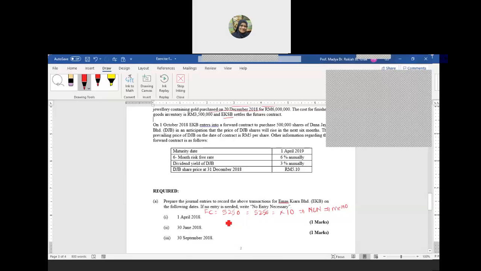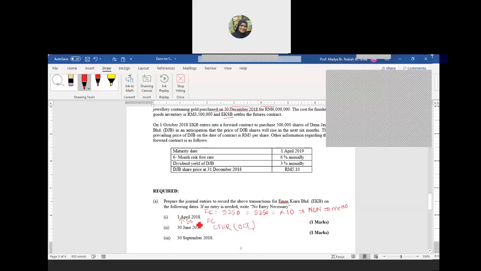Okay, on 30th of June, the price increased by 50, so you're going to have a gain here. When you have a gain, you debit the future contract and then credit your cash flow hedge reserve, other comprehensive income.